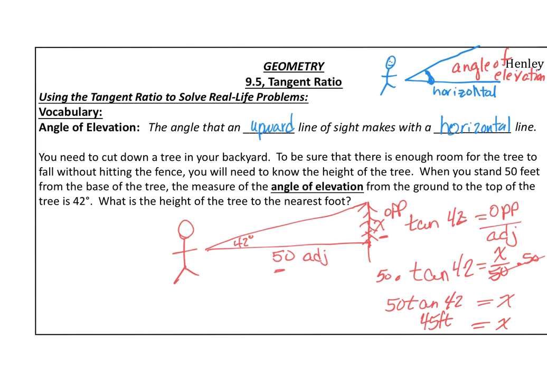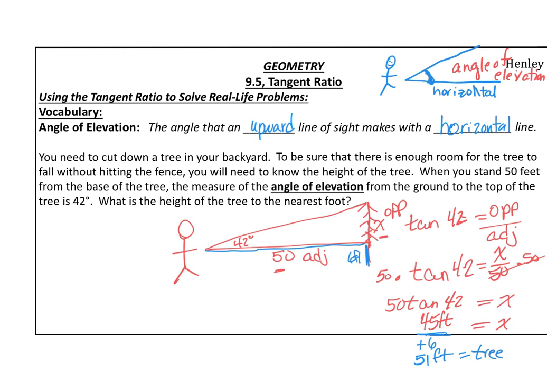Now, one thing we have to take into account that we haven't discussed before, this horizontal line is based on a line of sight. If you say that your person is 6 feet tall, then you have to add that 6 feet to the 45 feet you measured of the tree. So add 6, that's going to give you a total of 51 feet for the tree.